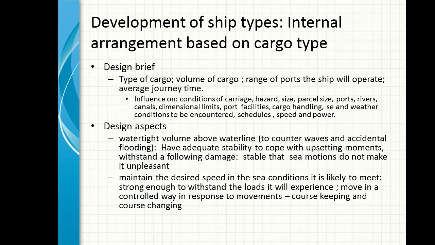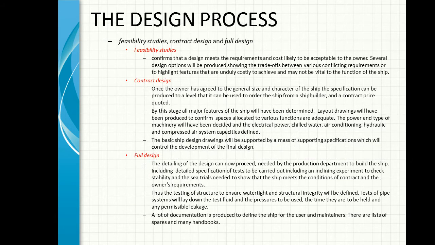Now, I will go a little bit more deeper into this just to give you a flavor of the three phases of design. One, which is a feasibility design or the pre-contract phase, and from there comes to the contract phase. When you come to the contract phase, already the design has been kind of frozen up. The layout drawings have been prepared.